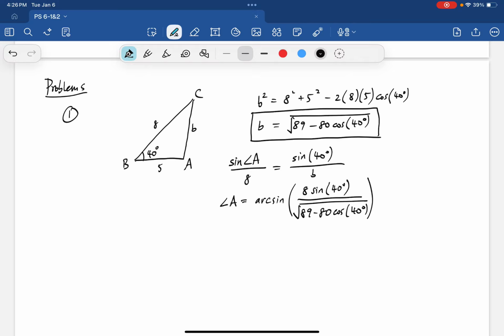I will give you a little secret, which is that this answer is actually wrong. The answer in reality is actually pi minus that.